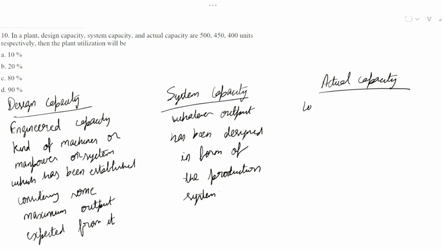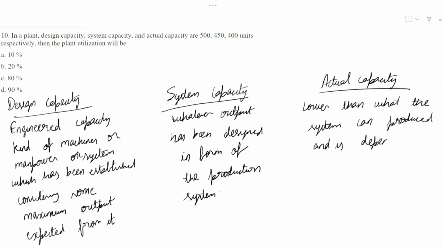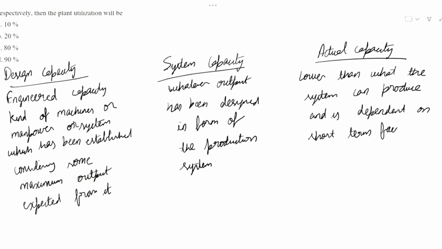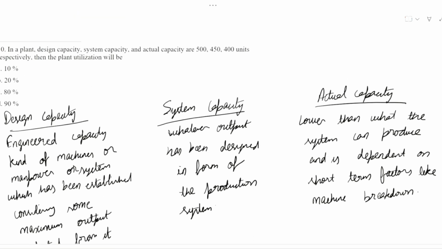Actual capacity, this is lower than what the system can produce and is dependent on short term factors like machine breakdown.